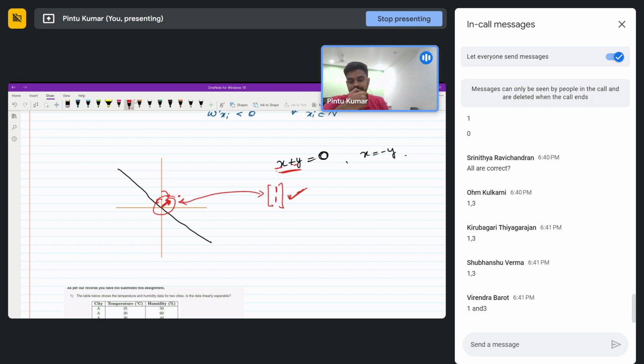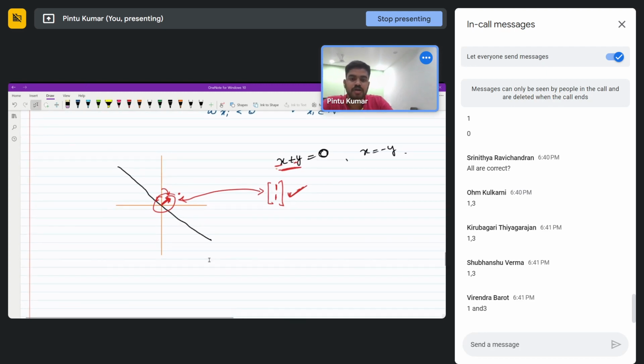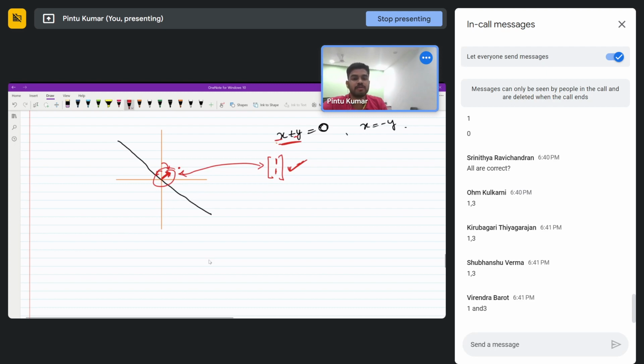Also, from here, one more thing. If you have some arbitrary point, let's say x1, y1, that lies on this line, what would it satisfy? That x1 plus y1 is 0. If you write it slightly more formally, this is 1, 1 and this is x1, y1.